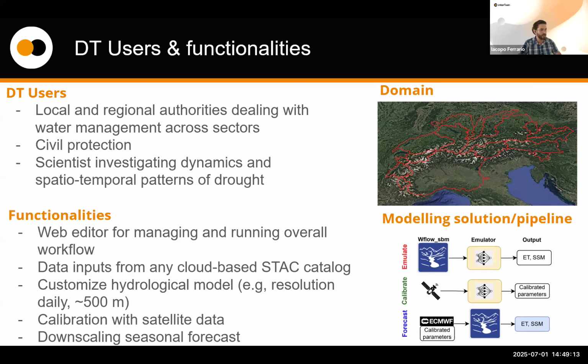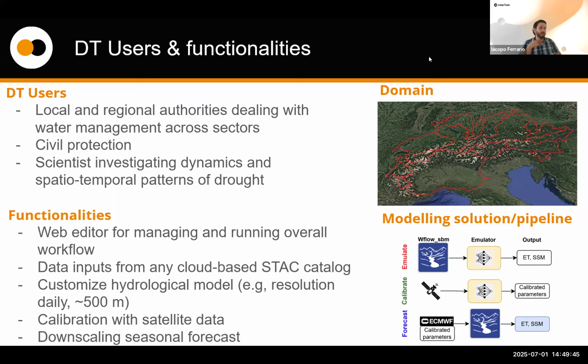And the functionalities that we developed during this interTwin project include a web editor that can manage and run the overall workflow, this complex workflow to predict hydrological seasonal forecast, and then the possibility to use different data inputs from a cloud-based catalog, and I will explain in the next slide what that catalog is.